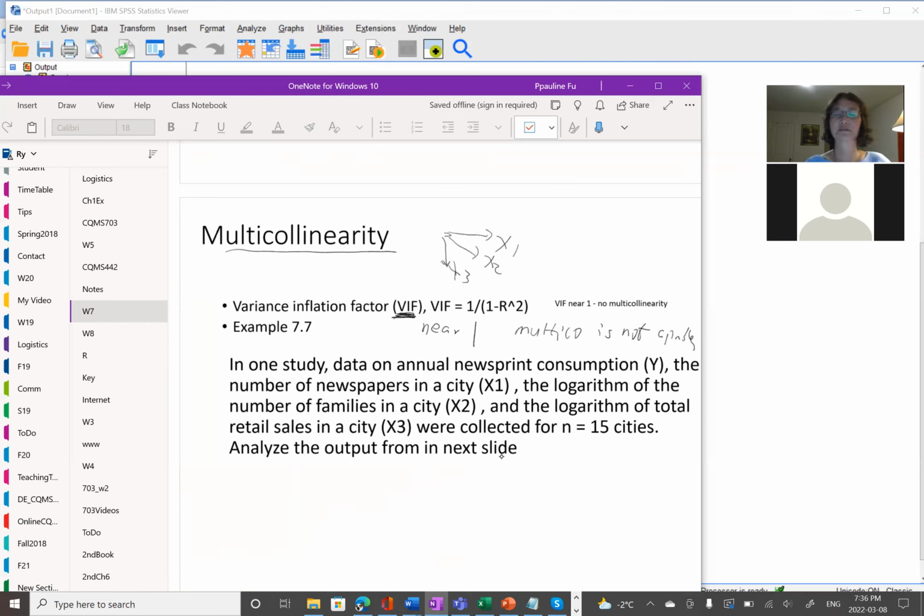I'll try to make this bigger. So in the question, the variables used are 1 Y, and then X1, log X2, and log X3.